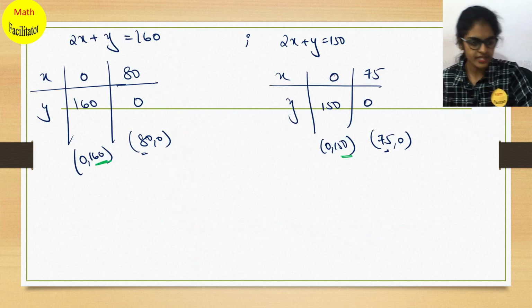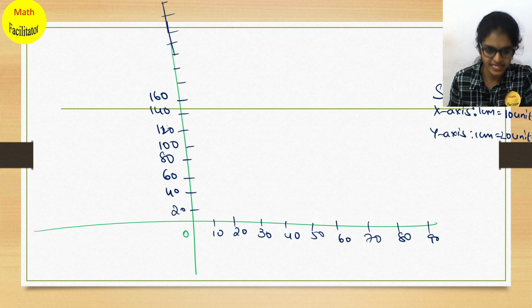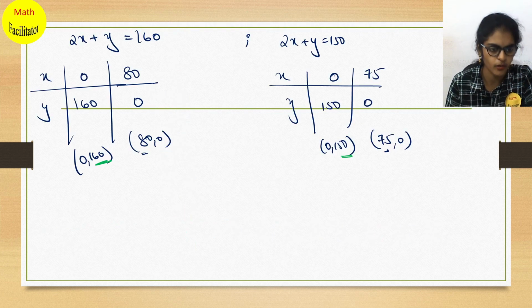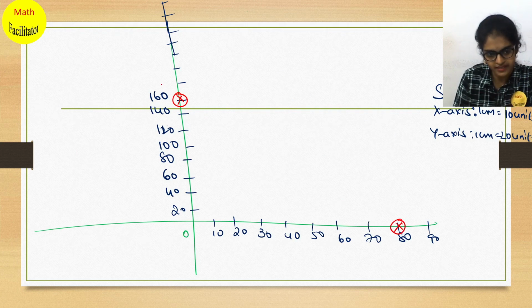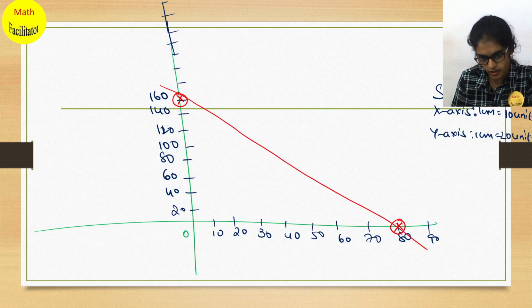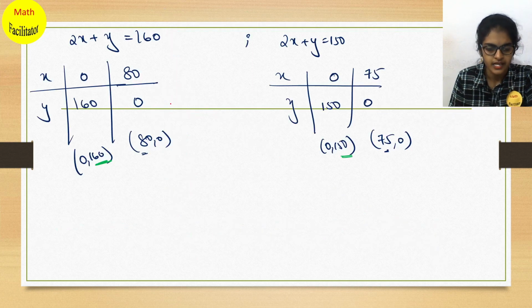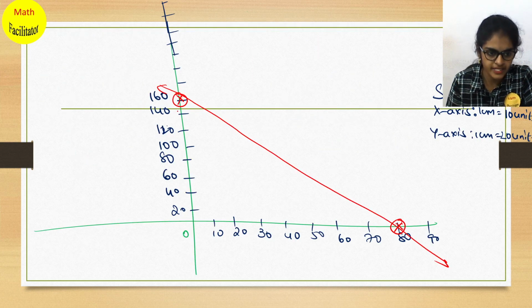Okay, so the first point is (0, 160): 0 on the x-axis, 160 on the y-axis, this is the point. And (80, 0): 80 on the x-axis and 0 on the y-axis, this is the point. So just join, this is the line. The next one is (0, 150), 0 on the x-axis. Let me change the color.